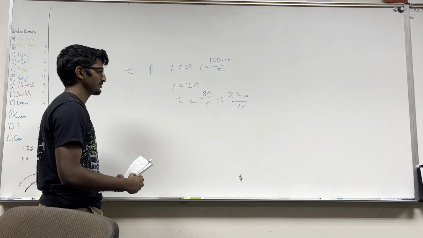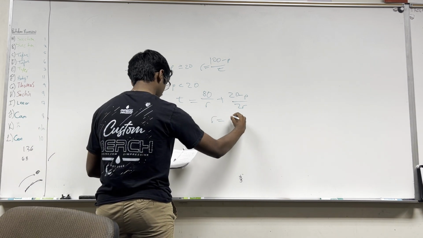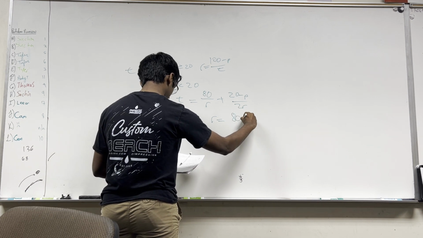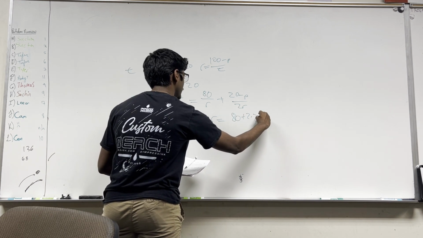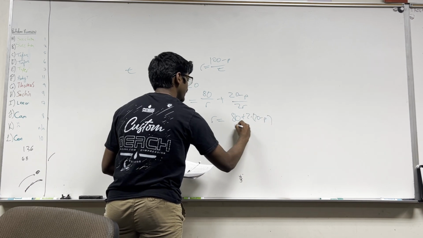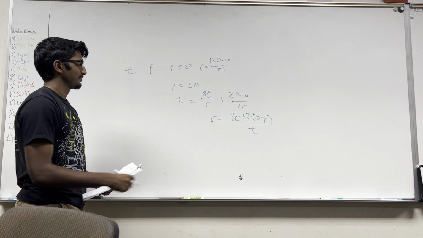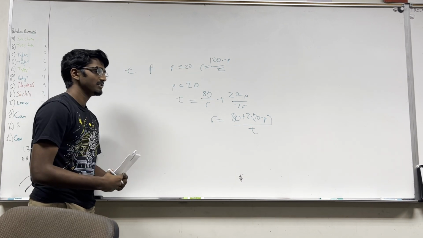And then you can solve this, and you end up getting that R equals 80 plus 2 times (20 minus P) in parentheses, divided by T. This is very bad handwriting.